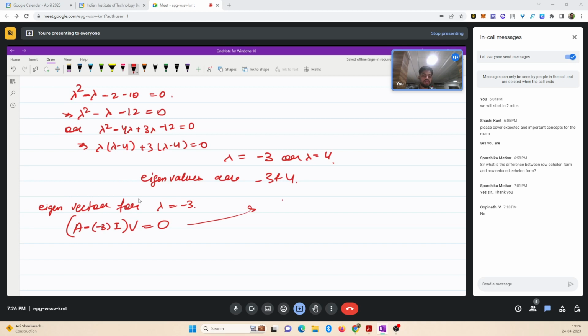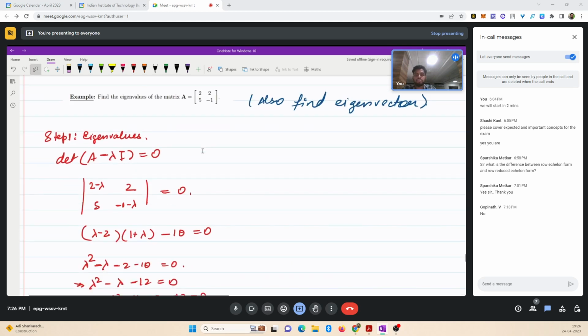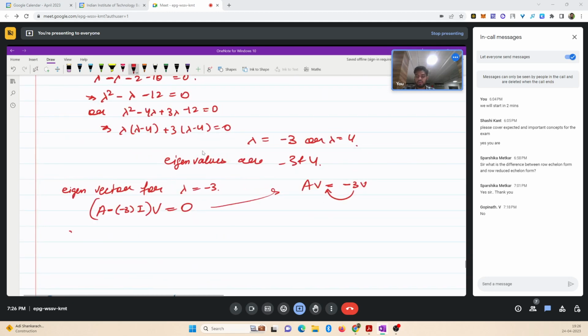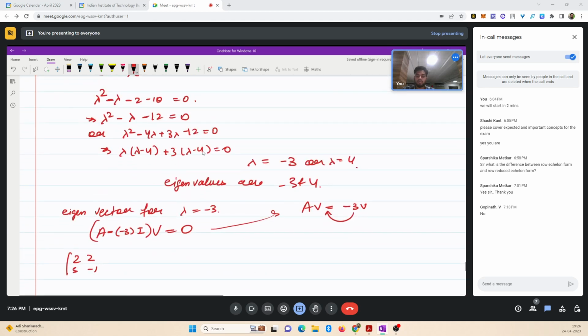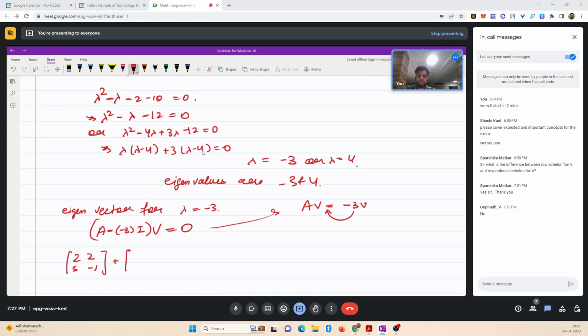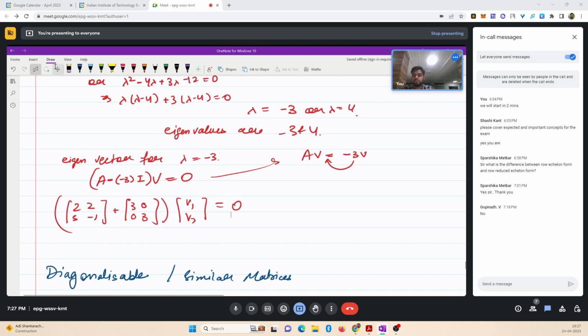This came from here, that A into V should be minus 3 times V. I just took it this side to make it 0. Okay. So I need this particular thing to be satisfied. So my A is 2, 2, 5, minus 1, plus 3, 0, 0, 3, into some V1 and V2 must be equal to 0.